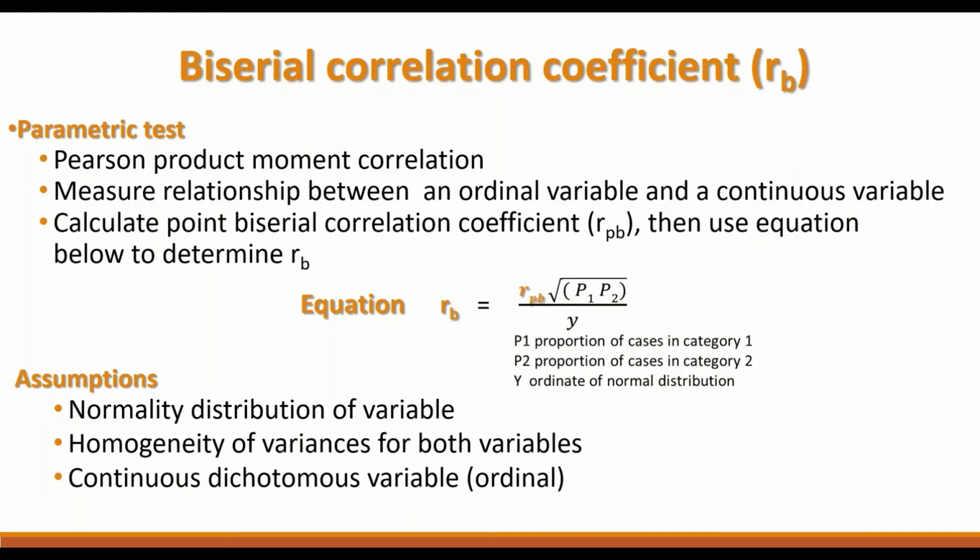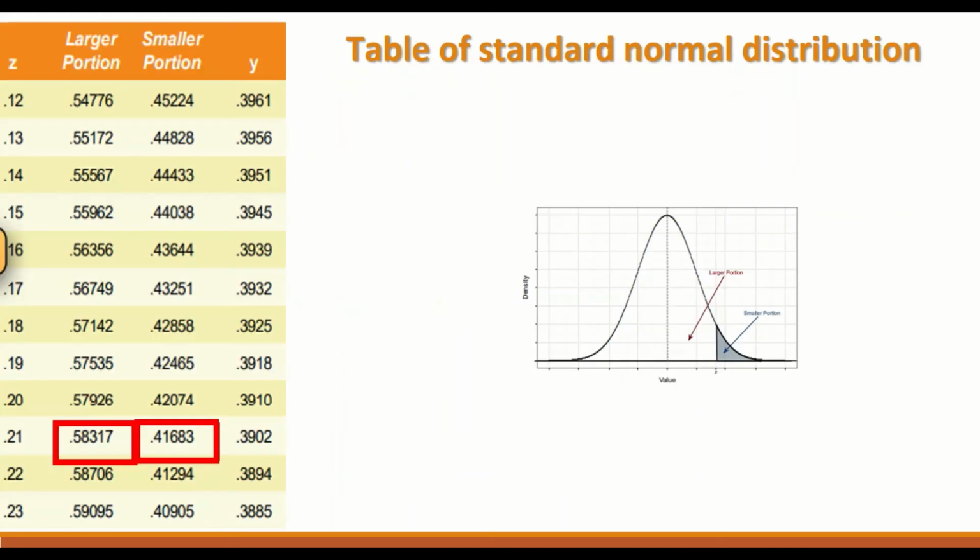So you have two variables, one of them is continuous, the other one is ordinal, or it is a continuous dichotomous variable. So these are the conditions that if they exist, then the biserial correlation coefficient can be used to calculate the correlation between those variables. One is continuous dichotomous and the other one is a continuous variable.